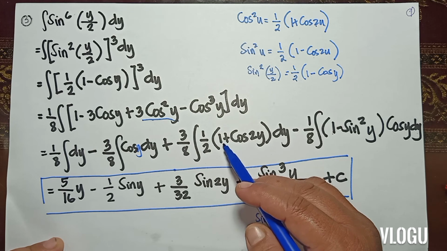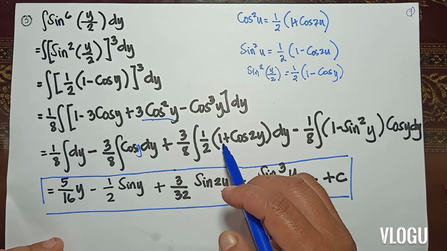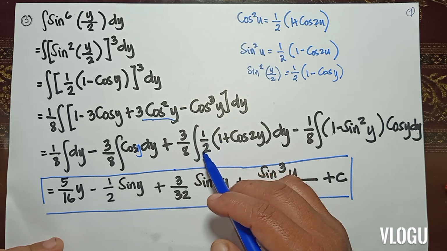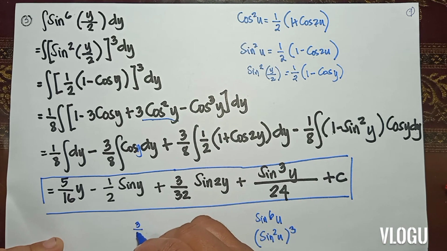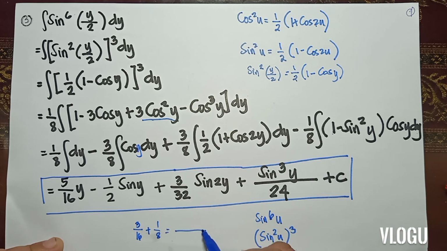So you will have 3/16. If you look at this one, this is 1. 3/16 plus 1/8. The LCD is 16: 16 divided by 16 is 1, times 3 is 3, plus 16 divided by 8 is 2, plus 1 times 1 is 2.